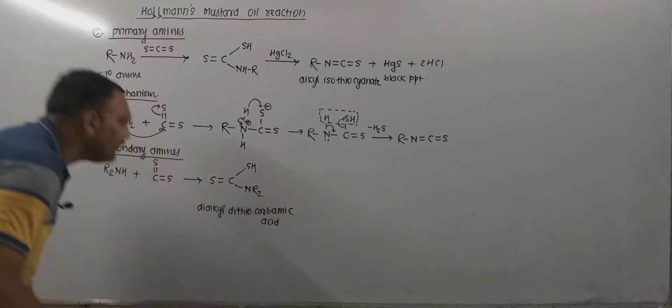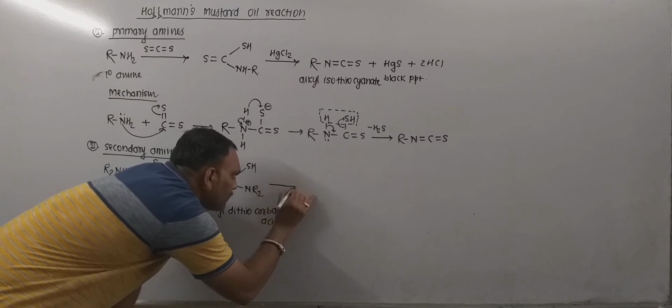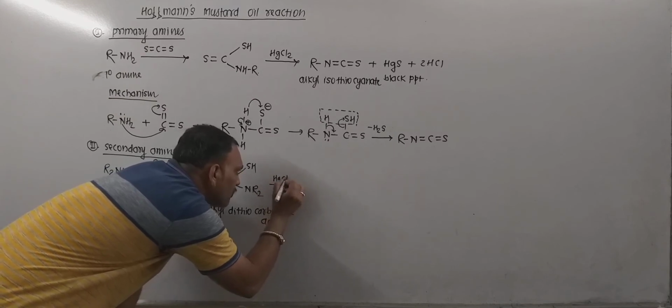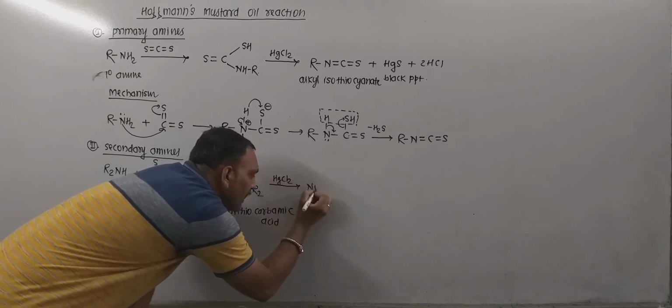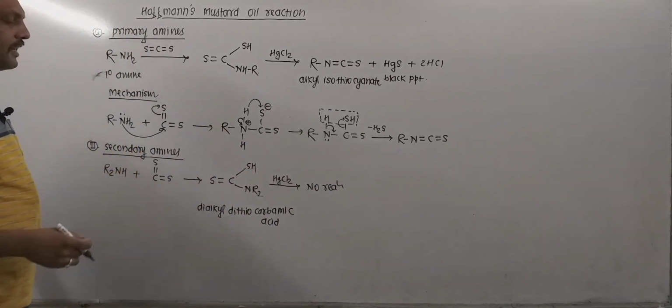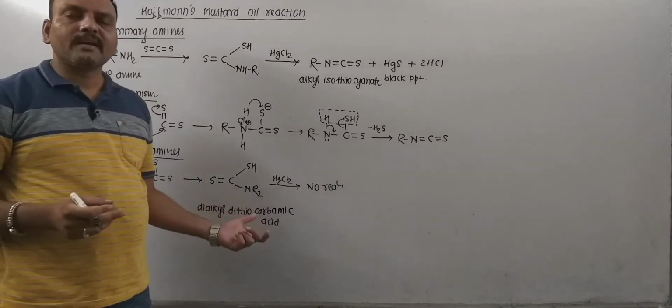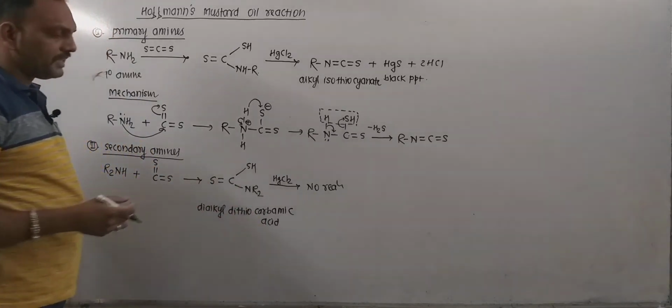So dialkyl dithiocarbamic acid fails to react with HgCl2. So no reaction can be observed between HgCl2 and dialkyl dithiocarbamic acid. So no smell of mustard oil can be seen right here.